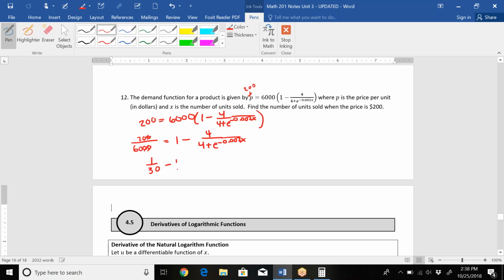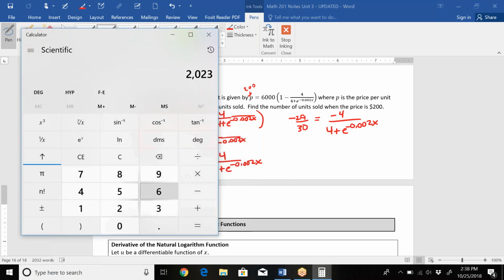We're going to subtract this 1 over. That leaves us just this fraction on this side. So we're just trying to simplify this down so we can get the e to the x part by itself. So that would be 30 over 30. So that's going to be negative 29 over 30 equals negative 4 over 4 plus e to the negative 0.002x. You can cross multiply here.